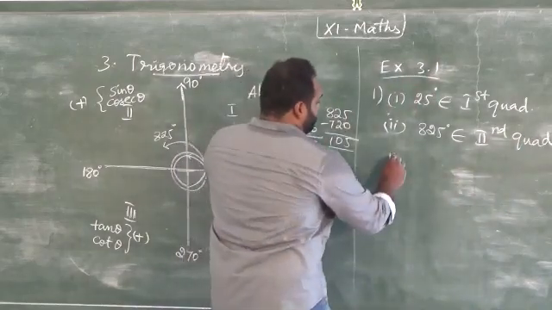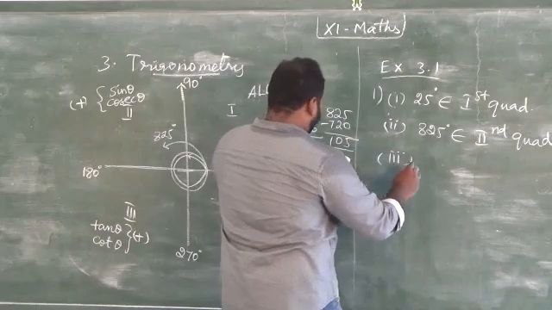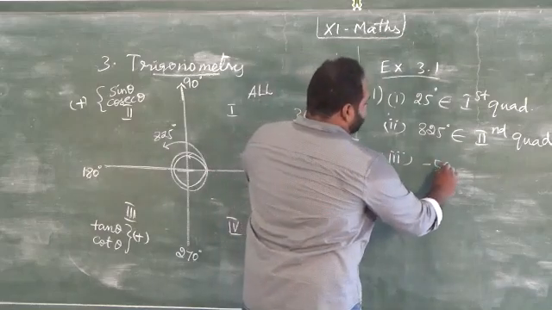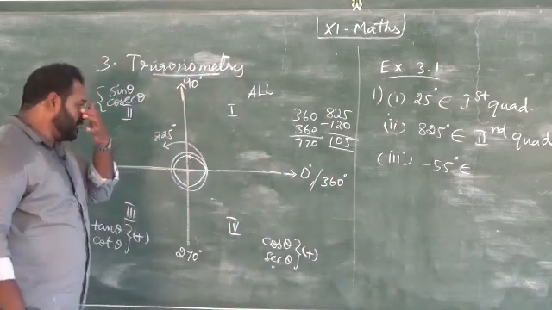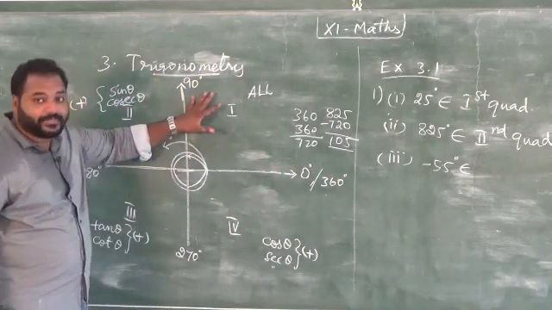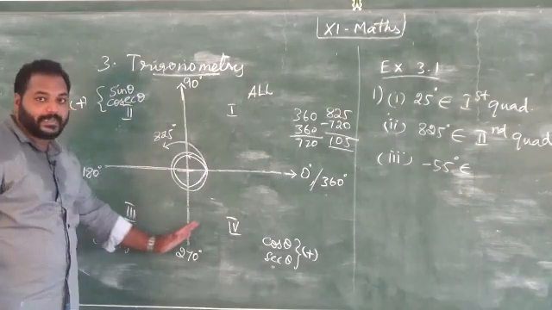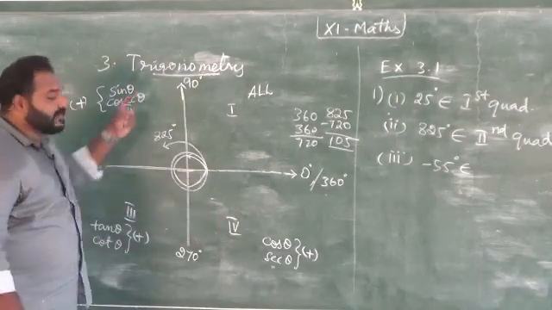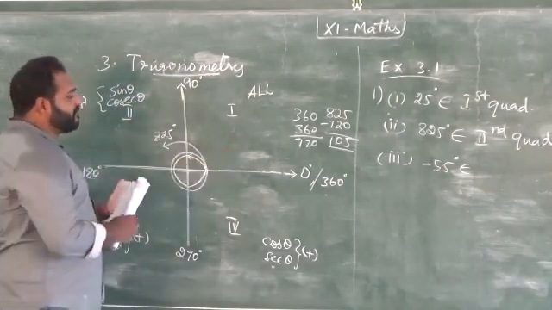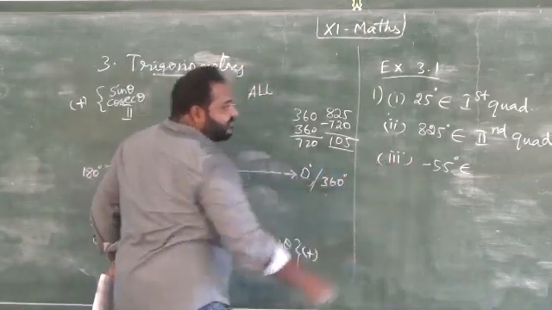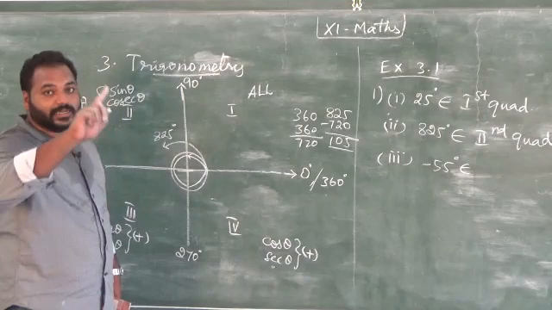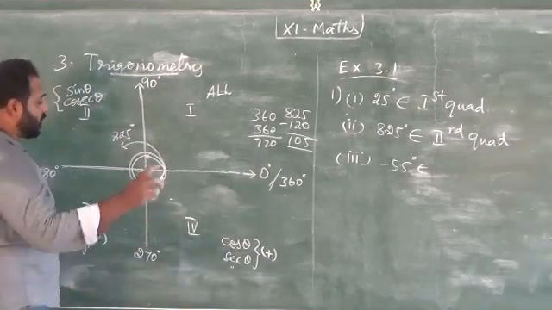Next, problem number 3, minus 55. I told you already, when you measure these values in the quadrants, anti-clockwise will be positive, clockwise will be negative. So if you want to find negative values, immediately you have to think clockwise.